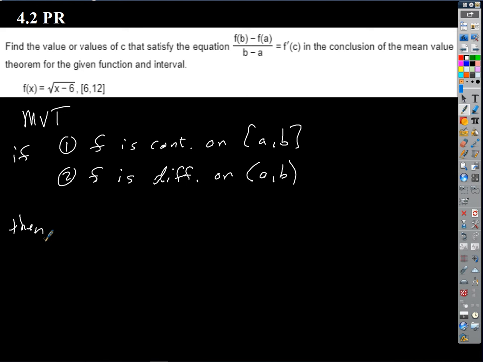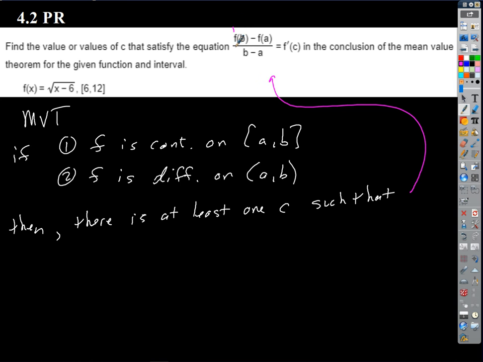It doesn't do any of the work for you, but it guarantees the existence of a place, call it c, an x value, such that the slope of the secant line connecting the endpoints of the interval is the same as the slope of the tangent line at the value of c.